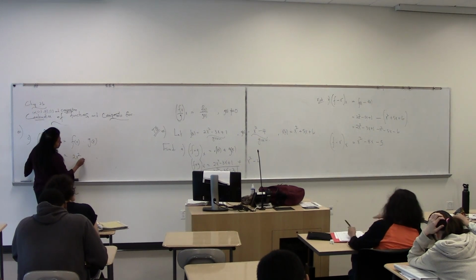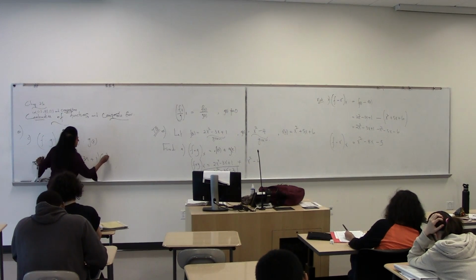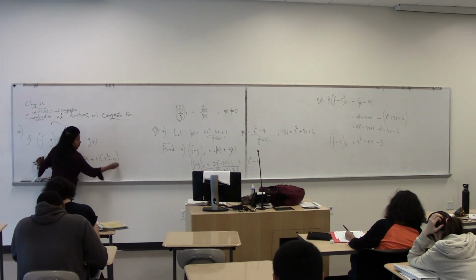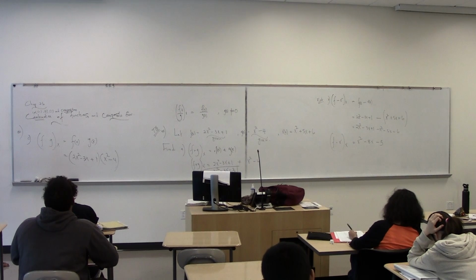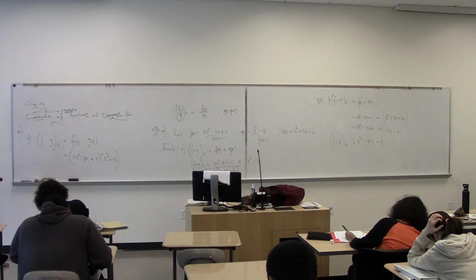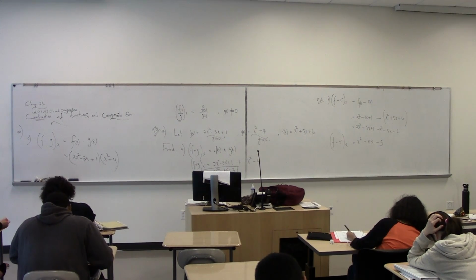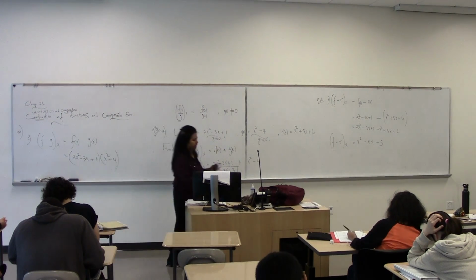2x squared minus 3x plus 1 times g of x, which is x squared minus 4. Can we leave it like this? No, we know how to multiply a trinomial and a binomial. Even trinomial times trinomial, we know how to multiply. So what do you do here? Again, this is pre-algebra.